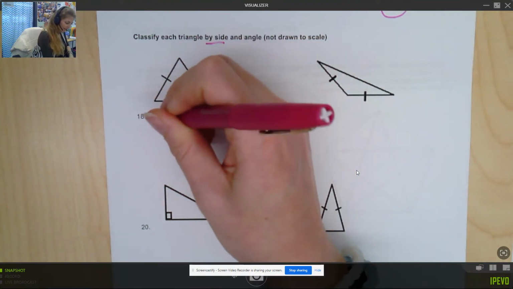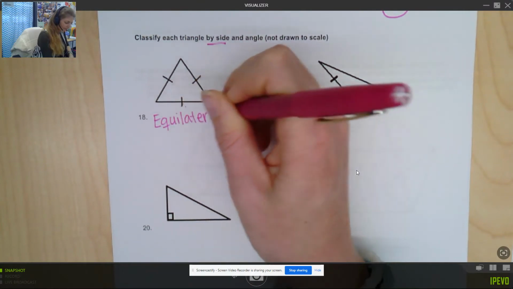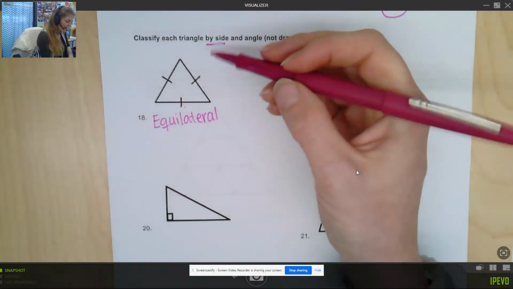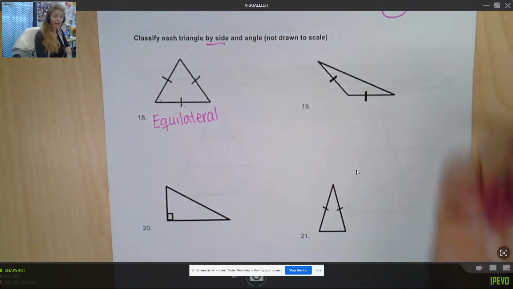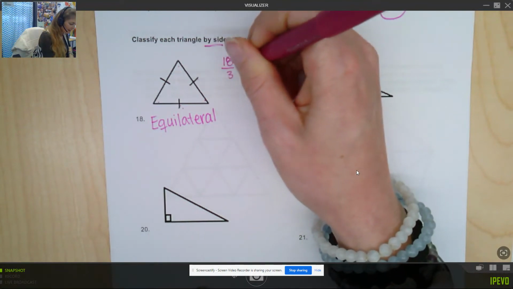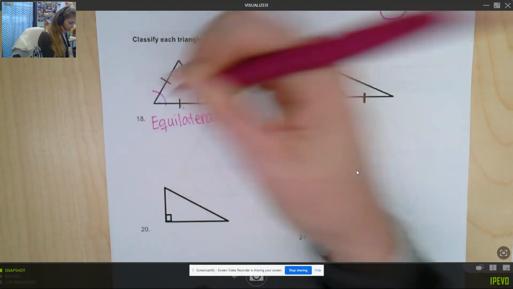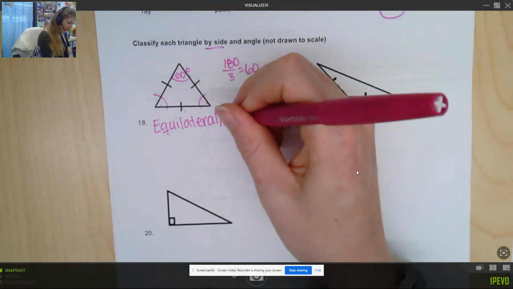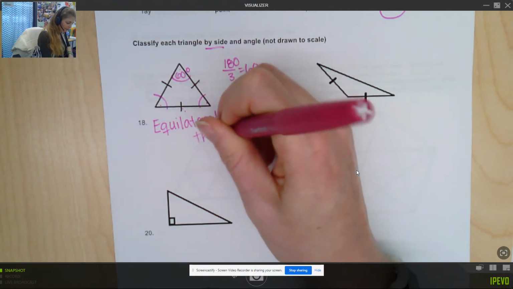That's an equilateral. And if we have all these angles adding up to be 180 and they're equal, well, 180 divided by 3 is 60 degrees for all these, which means it is an equilateral, acute triangle.